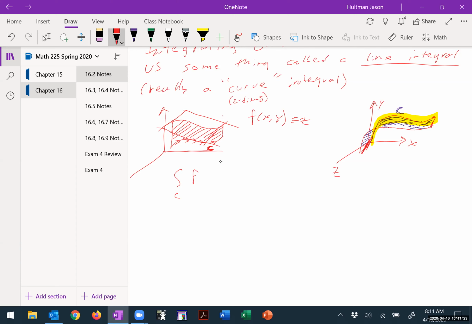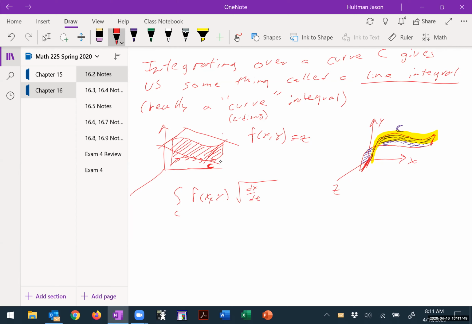To get the arc length of curve C, that was the square root of dx/dt squared plus dy/dt squared. The only minor change is that I want to emphasize that in f of x of t and y of t, the x's and y's must be in terms of a third variable t, and then this is dt.